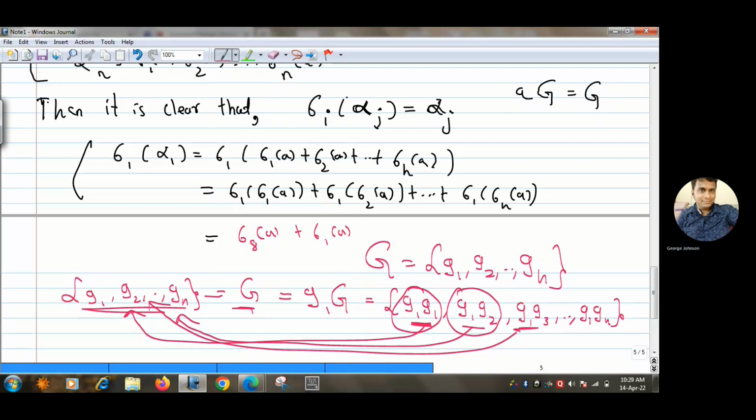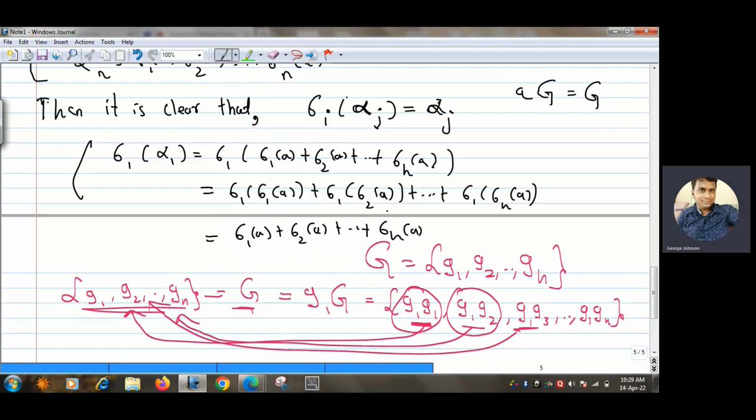But what you can note is that we will get back all the elements of H. By changing the order, we can ultimately write this as sigma 1 a, sigma 2 a, and so on up to sigma h a. Because sigma 1 into sigma 1 is again sigma of some j, maybe sigma 3, maybe sigma 4, but ultimately by changing the order we get the whole set of elements back. But this is nothing but alpha 1.